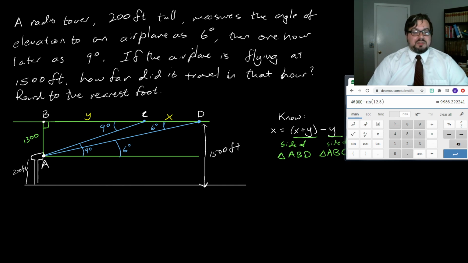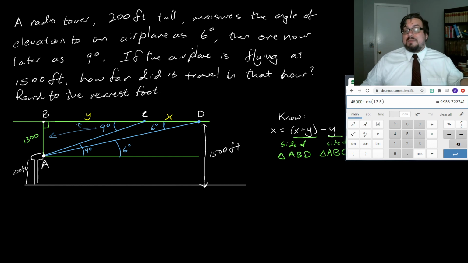So let's start with the triangle ABC. We want to know about y. We know the angle at C, 9 degrees, and we know the side opposite the 9-degree angle has length 1,300. So we're trying to relate this angle to its opposite side and to its adjacent side, because the hypotenuse of this triangle is the blue line, and we actually don't know or care about its length.